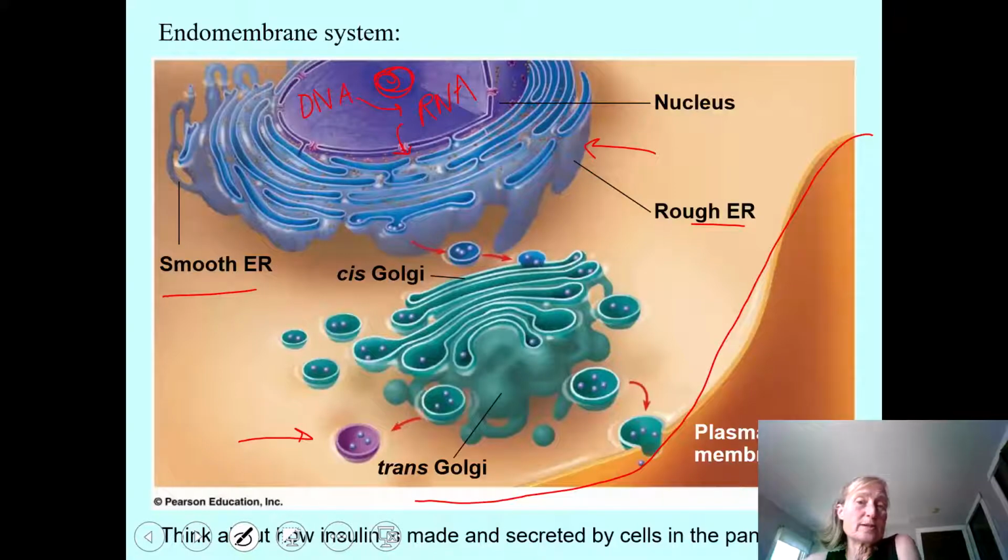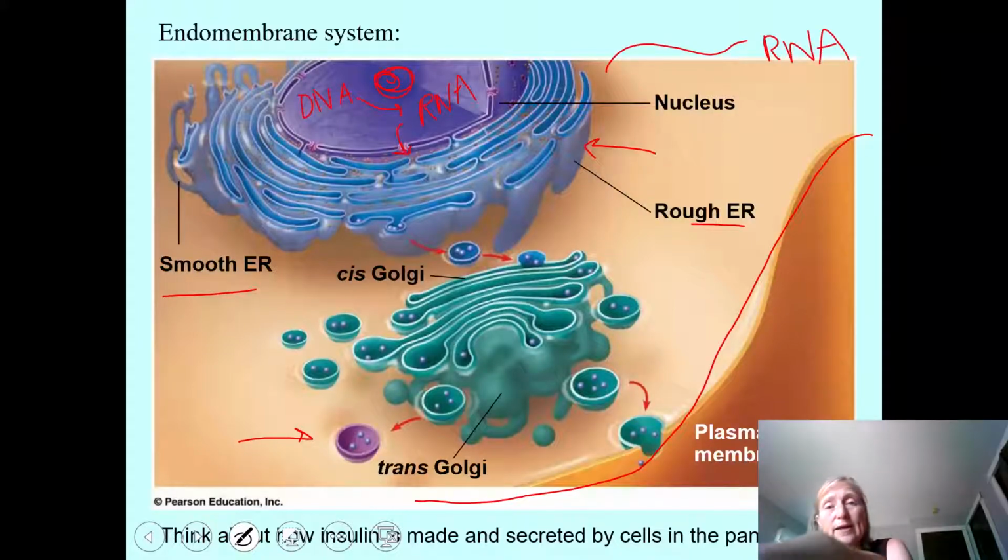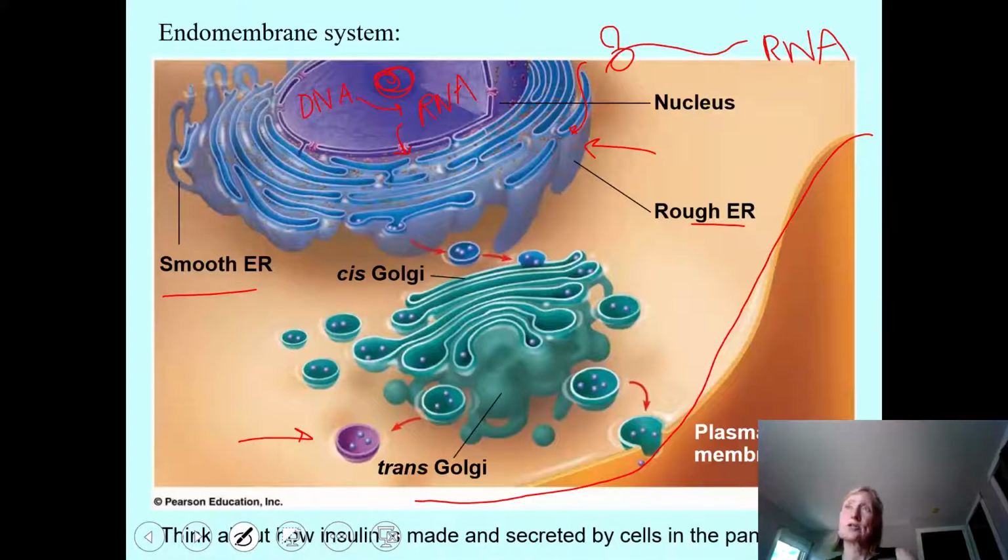So the ribosomes attach themselves to, and here's our messenger RNA molecule, we'll talk more about that. The ribosome attaches itself to the messenger RNA molecule and then attaches itself to the endoplasmic reticulum, where it starts to build the protein for insulin, the insulin protein.